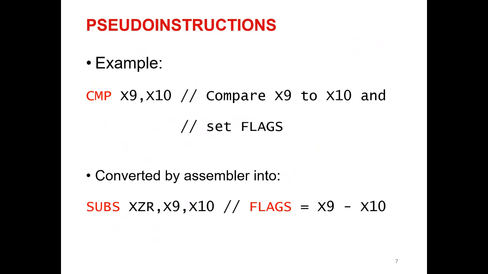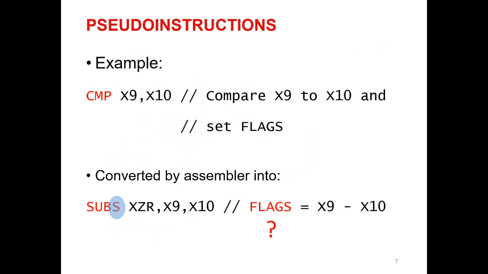I want to highlight something in this slide. In the first pseudo instruction, compare, we are saying that we compare register 9 and 10 and set flags. Then in the actual instruction, the sub instruction, we are saying that flags is equal to 9 minus 10.